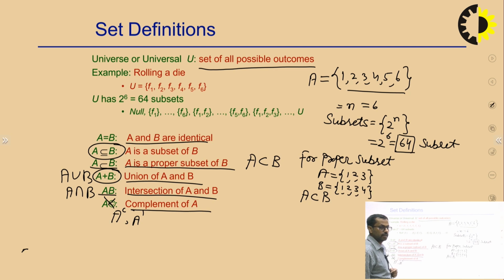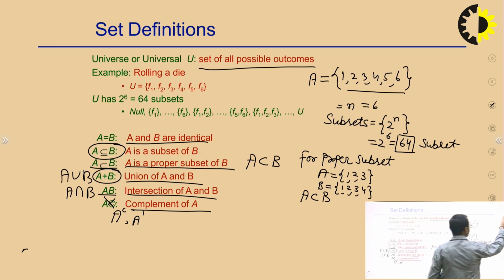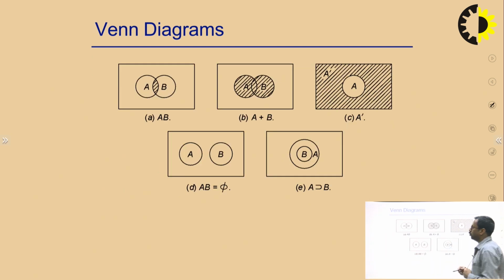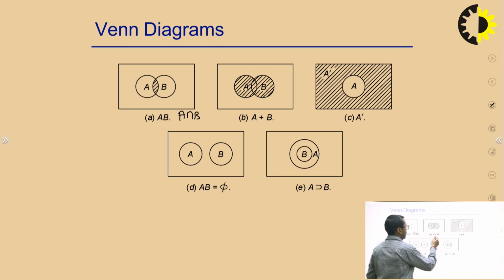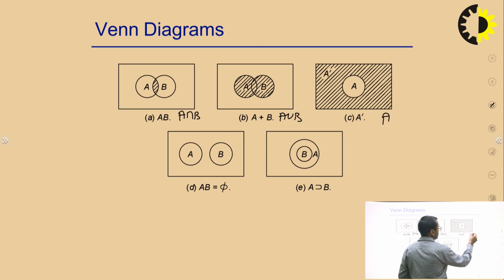It is the sign for the complement of A. For the representation in a Venn diagram, this is A intersection B, this is A union B, and this is A complement.